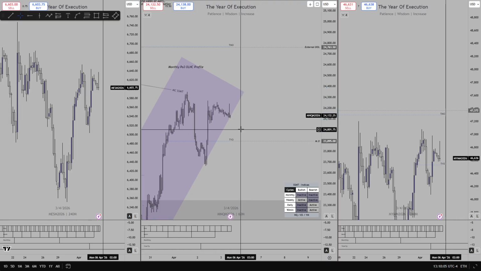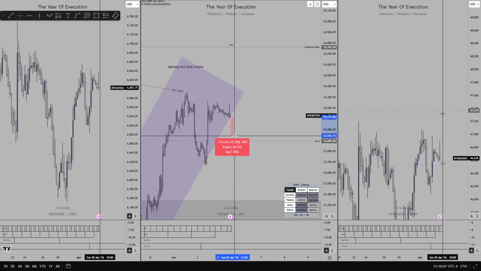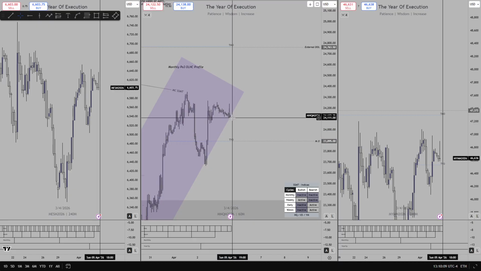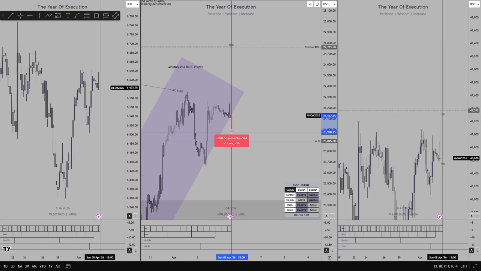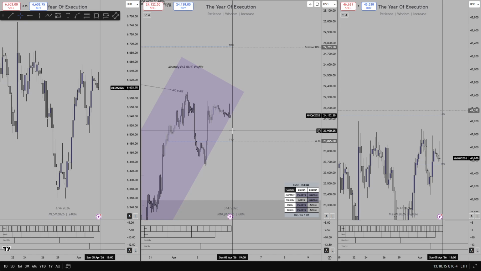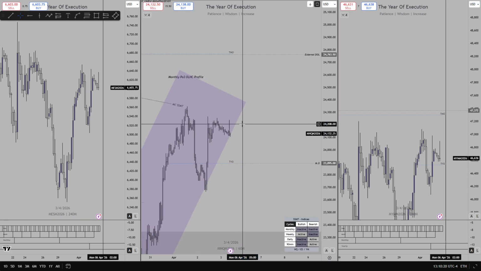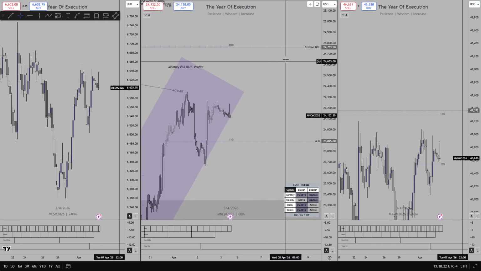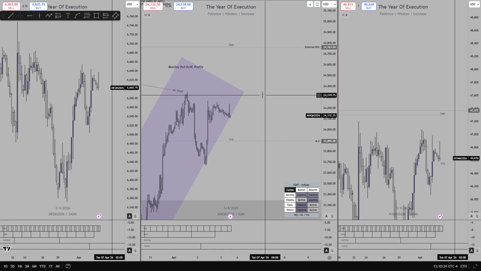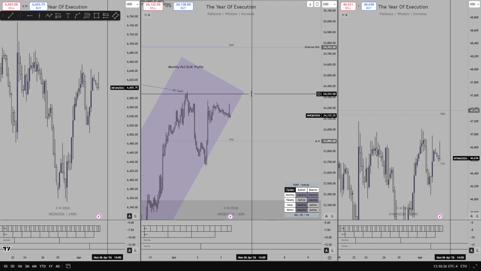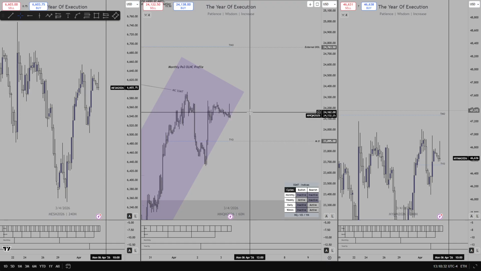So I feel like throughout the week, we're going to open on Sunday, probably dump to support this range right here, and then probably accumulate slowly but surely on our way up, getting set up for distribution of the monthly power of 3, which also fits the manipulation of the next week.